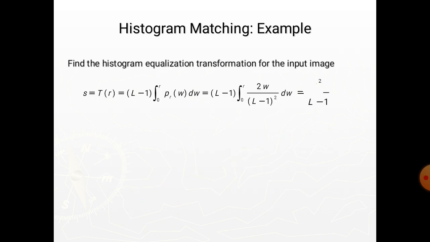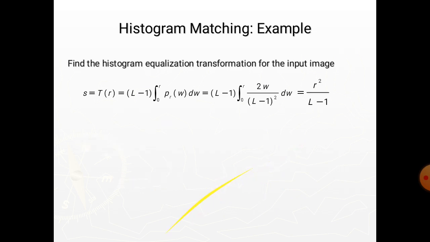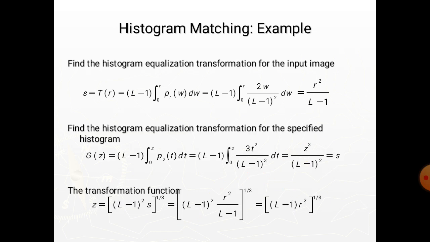Now obtain p_r(r_j) from the input image and then obtain the values of s_k, rounding the values to the integer range from 0 to L-1. Here s_k = T(r_k) = (L-1) times the sum.